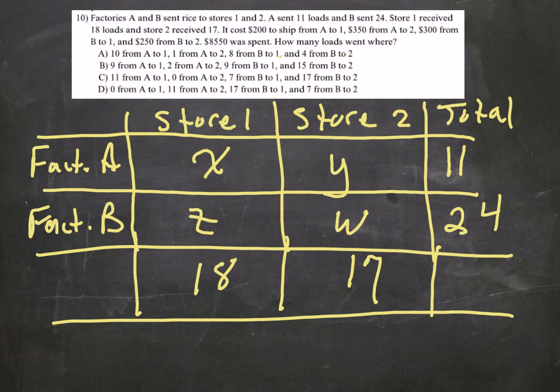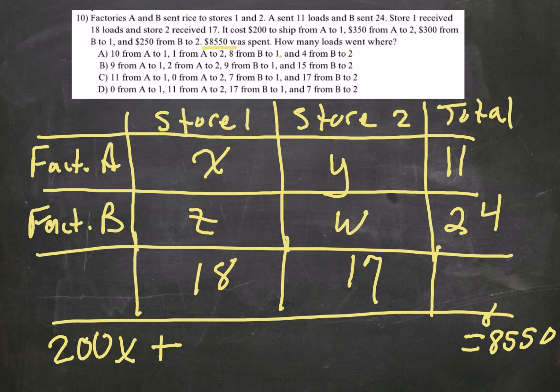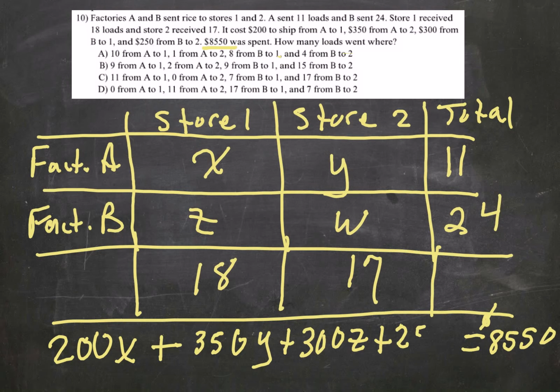I would write that as 200x plus, because we are given a total. We're going to add a few things together, and it's going to equal $8,550 because that's how much was spent. So $200 for the loads from A to 1, $350 from A to 2, which is Y, $300 from B to 1, Z, and then the last one is $250 from B to 2, which would be $250 times W.